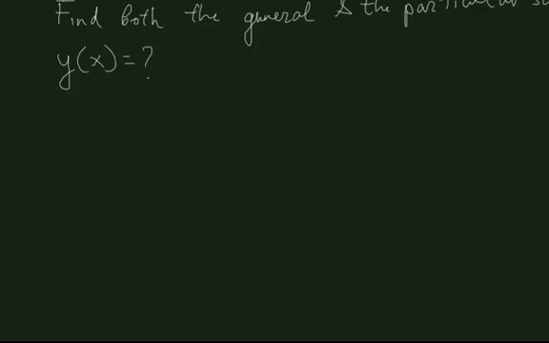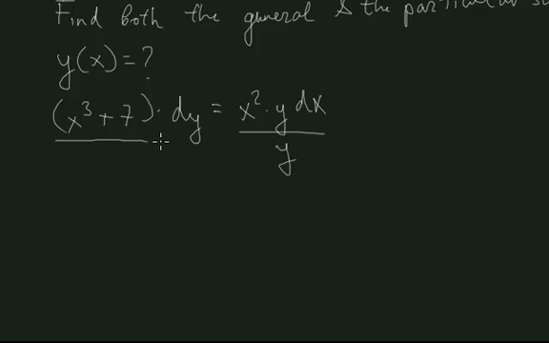Okay, so from this differential equation we can write it as x cubed plus 7 times dy equals x squared times y times dx, and we have to gather every same term on one side and throw the other terms to the other side. On the right hand side there is y, so we have to remove that by dividing both sides by y.